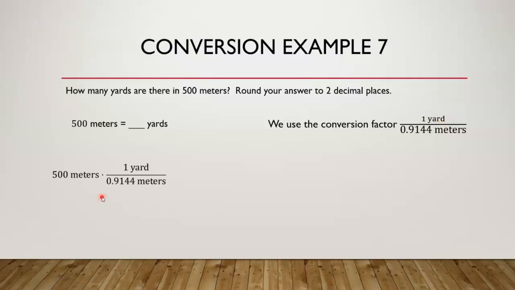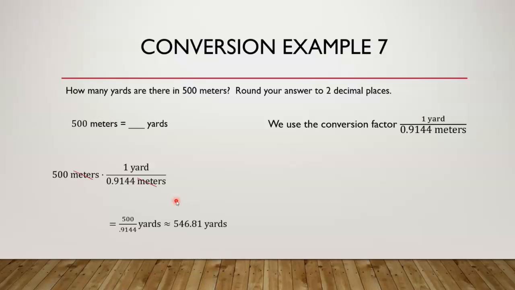So that's what we do. We just multiply. Okay, when you multiply, what happens? Well, you have cancellation. Okay? So all we're left with is yards.